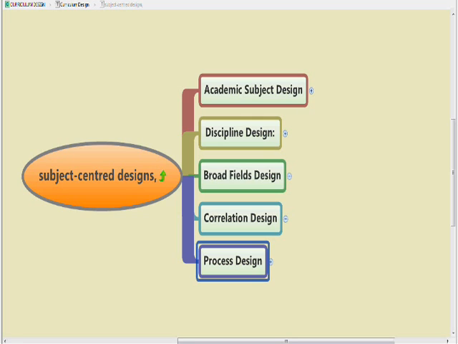Let's say all sociologists learn this way, do things the way sociologists authentically do. Then you have broad field design, collapsing everything, making it a single subject, but it has its own strengths and weaknesses. Then you have correlation design, bringing the different subjects together event by event. And then finally, you have the process design.